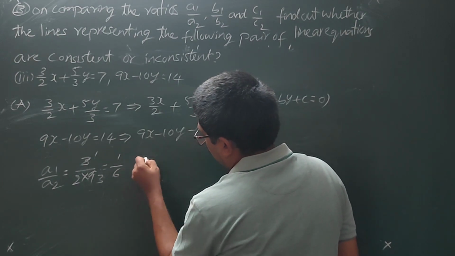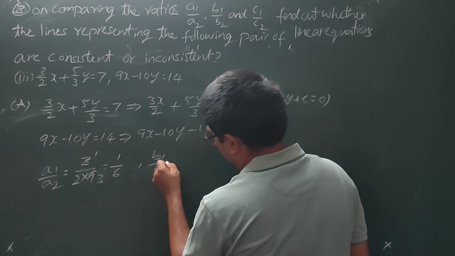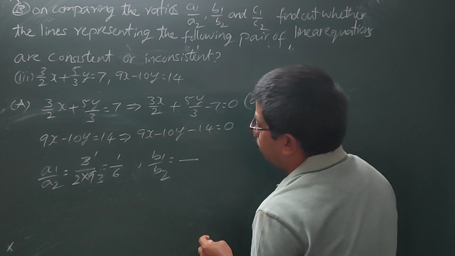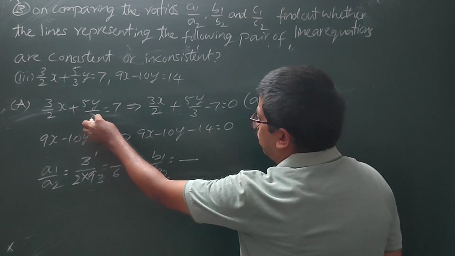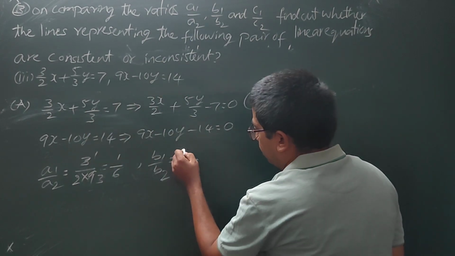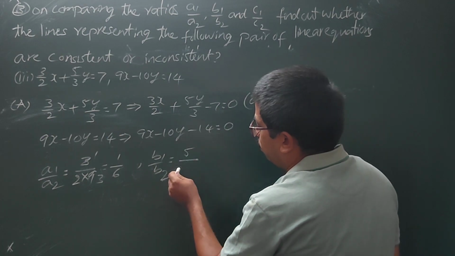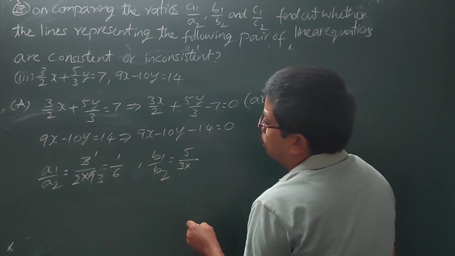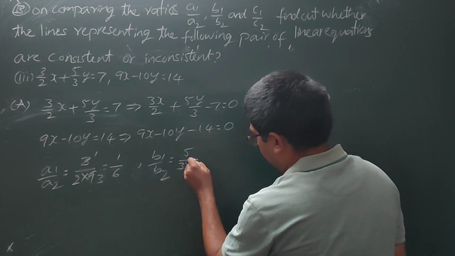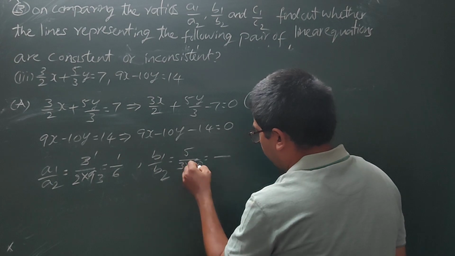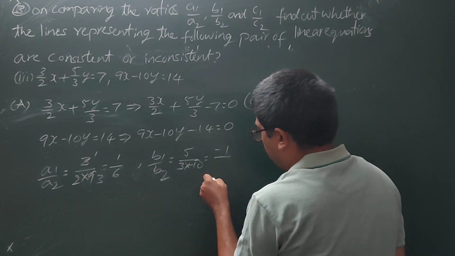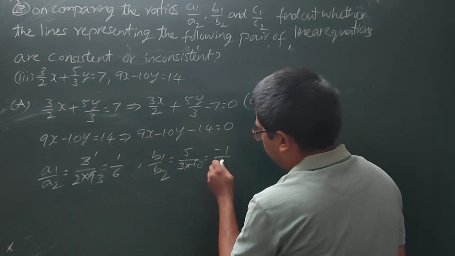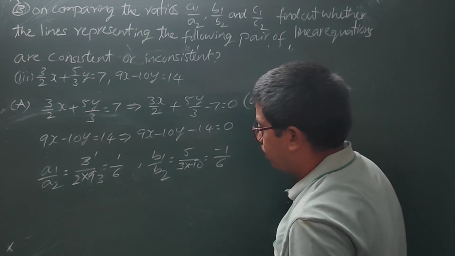Next, b1 by b2 equal to 5 by 3 into minus 10, and it becomes minus 1 by 6 on cancellation and simplification.